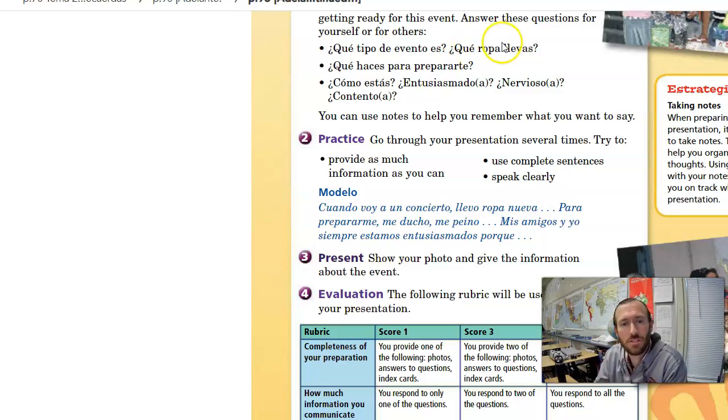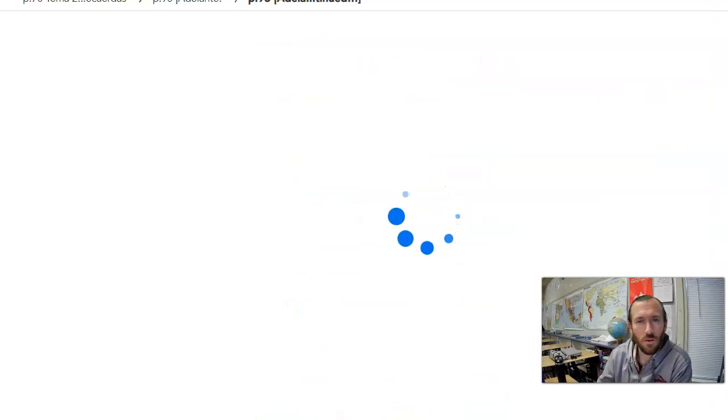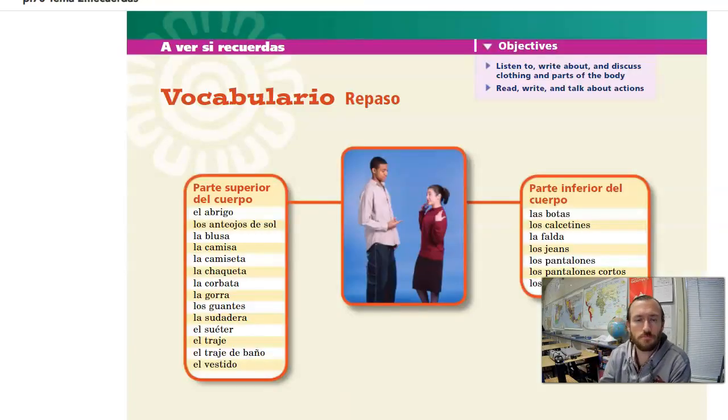¿Qué ropa llevas? Remember, you can go to page 70. We talked about clothing very briefly at the beginning of this chapter. There you have upper body clothing and lower body clothing. Again, that's page 70.